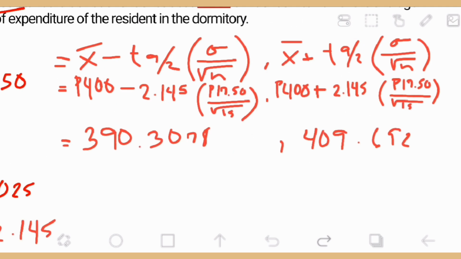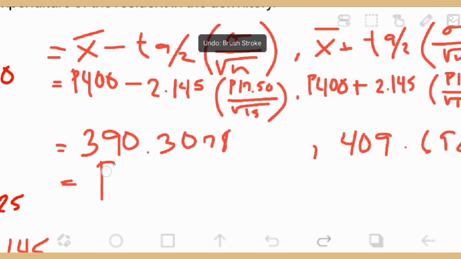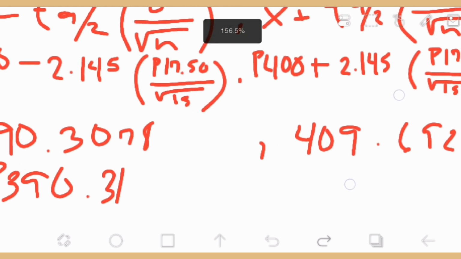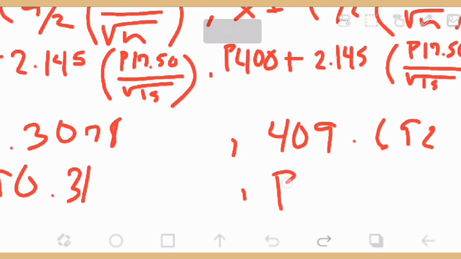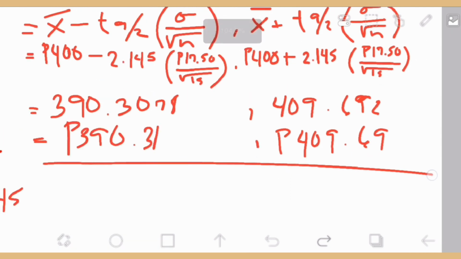We're going to round this off to the hundredths place, because it's money, and you don't really see this as centavos. So it's going to become 390 pesos and 31 centavos, and 409 pesos and 69 centavos. So that will be our answers.